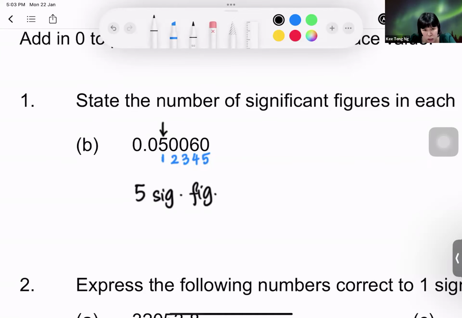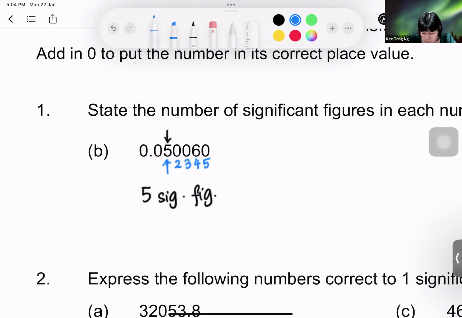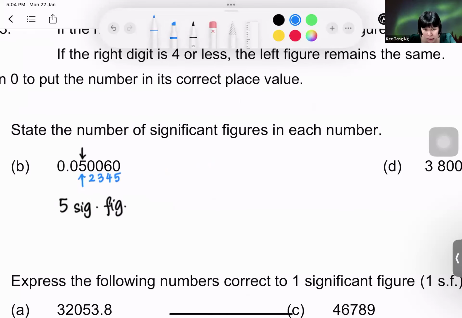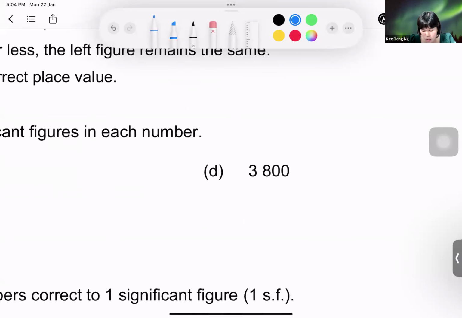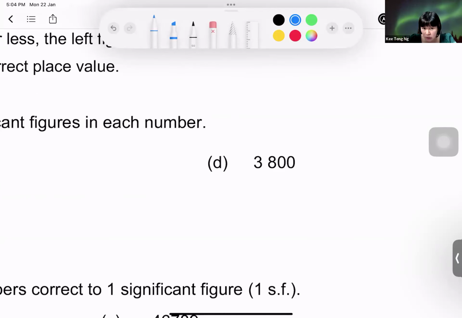Now, one other thing to take note: notice that this 5 over here is in the 100 placing. So you have to take it at the correct place value as well. Later I will explain more about what place value means and how it can change your answer. Next question.